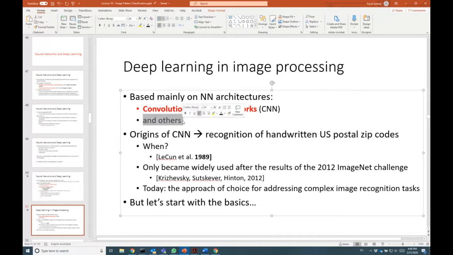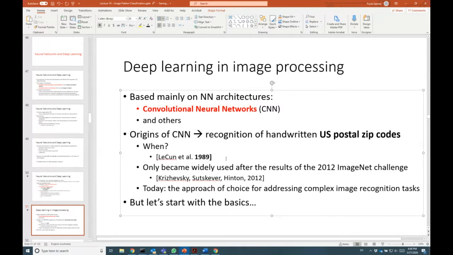There are other methods, and it takes a lifetime to learn them all. So basically, it depends on the problem that you have at hand. The origins of the convolutional neural network start with the recognition of handwritten US postal zip codes. This goes back to a seminal paper by LeCun and others from 1989.